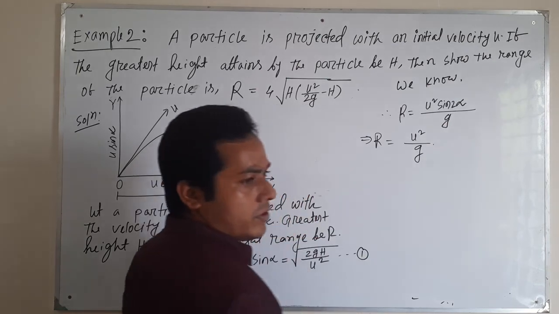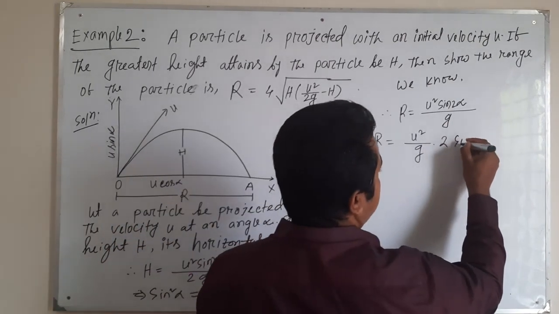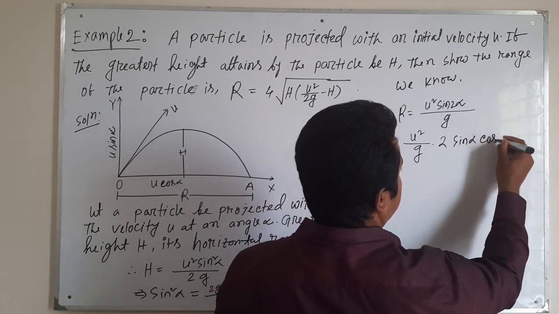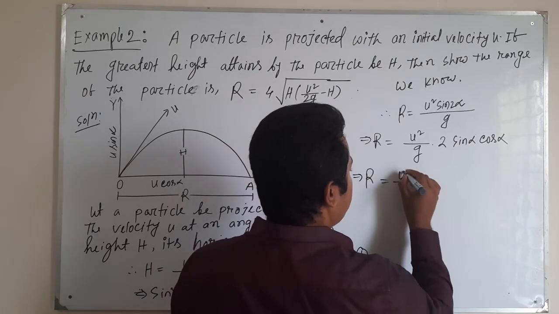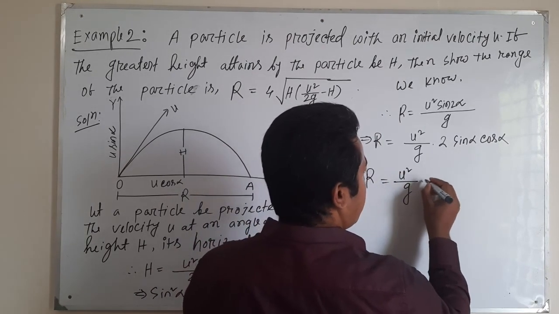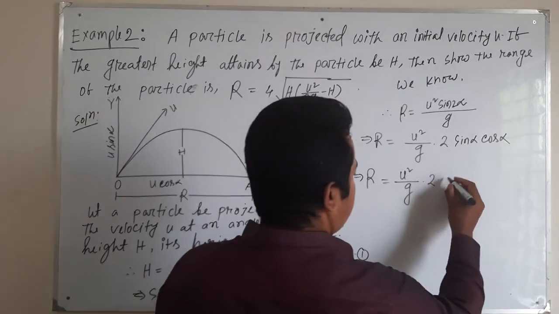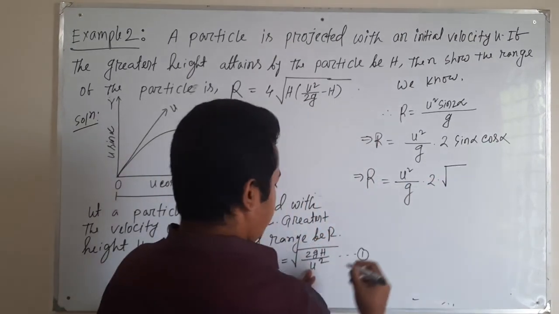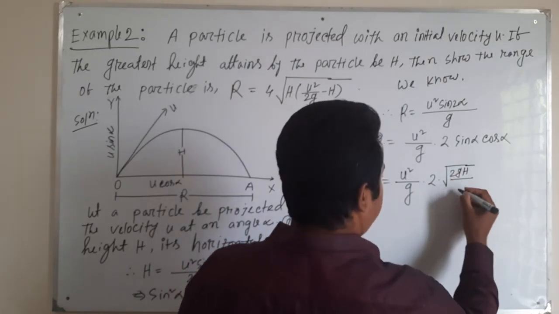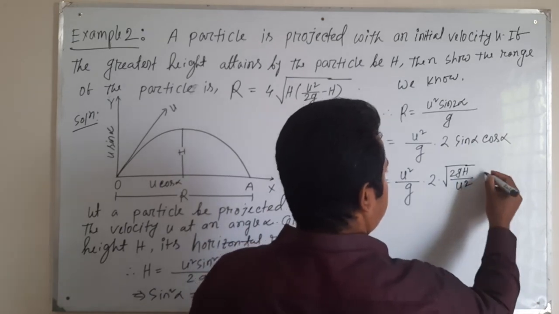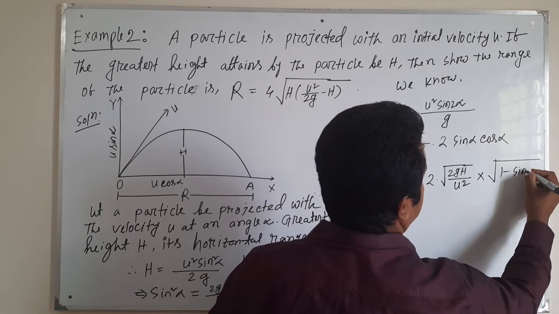We have a trigonometric formula sin 2 alpha is equal to 2 sin alpha cos alpha, then r is equal to u square divided by g, and 2 sin alpha is equal to this, root over 2gh divided by u square, into cos alpha is equal to, we can write it, root of 1 minus sin square alpha.